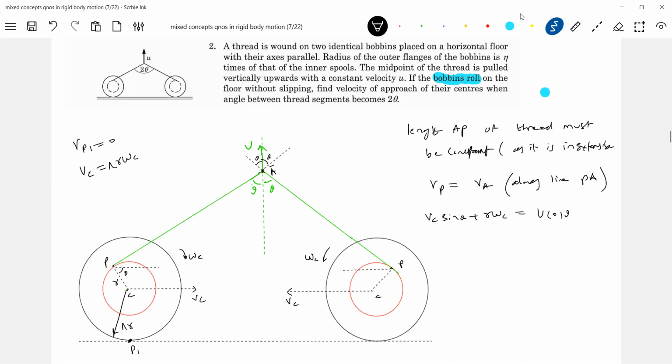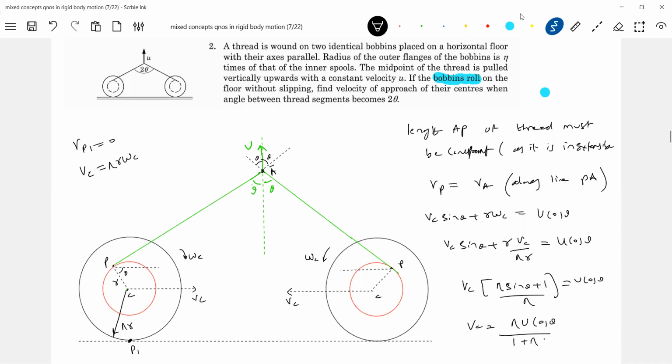You can write it as VC by eta R. So VC sine theta plus R omega C will be VC by eta R, equal to U cos theta. So R gets cancelled. So VC times (eta sine theta plus 1 by eta) equals U cos theta. So the velocity of the center will be eta U cos theta by 1 plus eta sine theta.